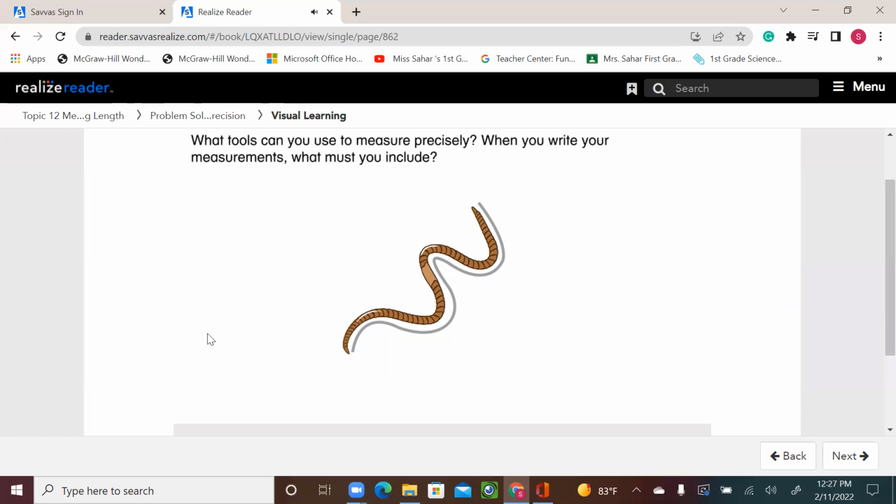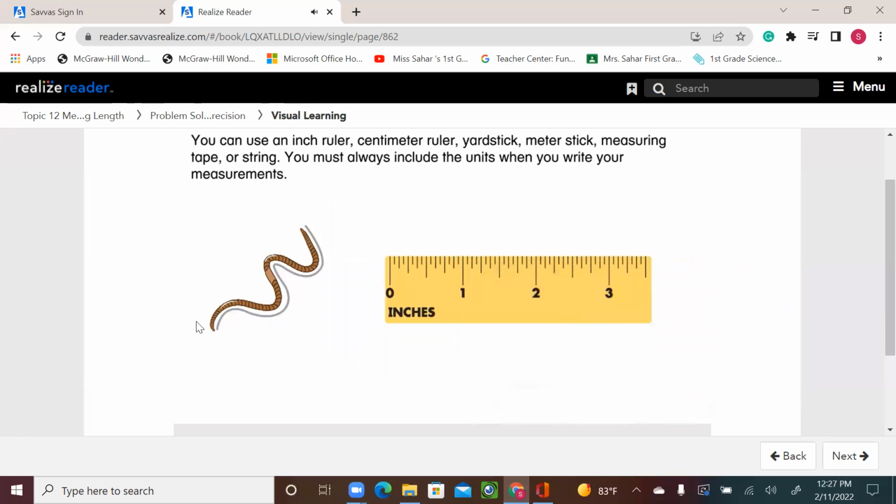What tools can you use to measure precisely? When you write your measurements, what must you include? You can use an inch ruler, centimeter ruler, yardstick, meter stick, measuring tape, or string. You must always include the units when you write your measurements.